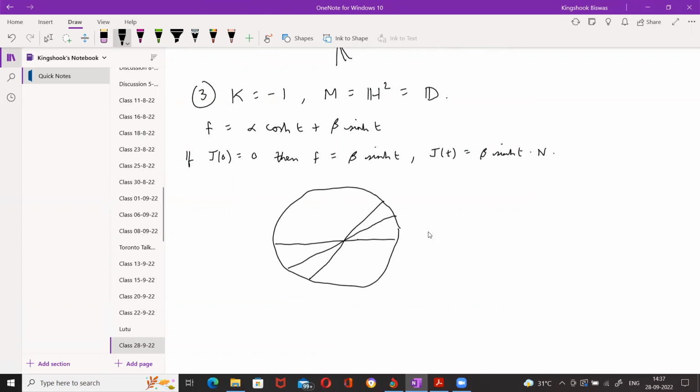So here you'll get a Jacobi field which grows exponentially. Is this all right?